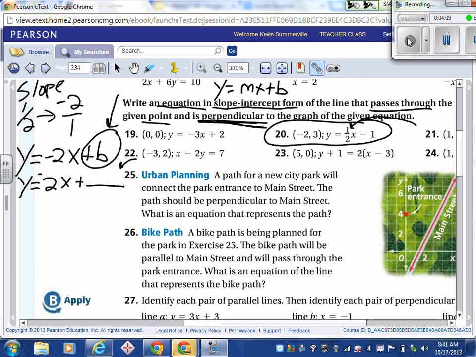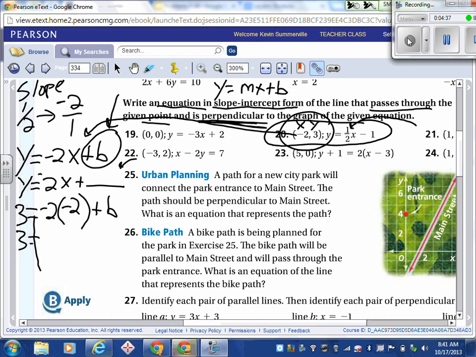Just like the other problem, I label my points, x, y, and substitute these points into that equation. So I'm going to get, instead of y, 3 equals negative 2, x equals negative 2, plus b. And go ahead and solve.